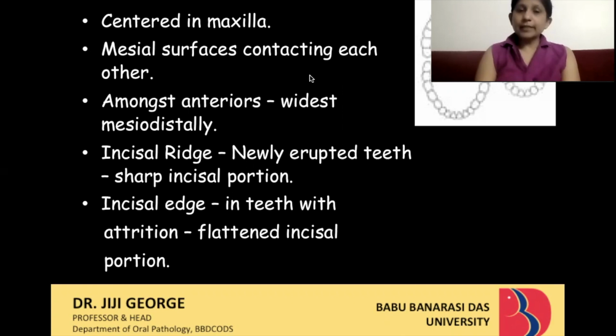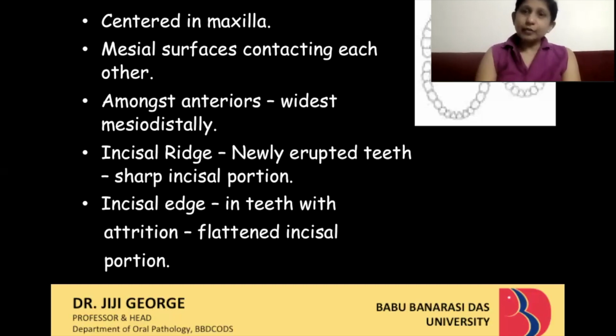So they are basically centered in the maxilla. Now there are some features which are very characteristic of a central incisor, and are not seen in any other teeth. The first and foremost is that their mesial surfaces come in contact with each other, with the opposite side. Central is the only tooth in which the mesial surface of one central contacts the mesial surface of the other central.